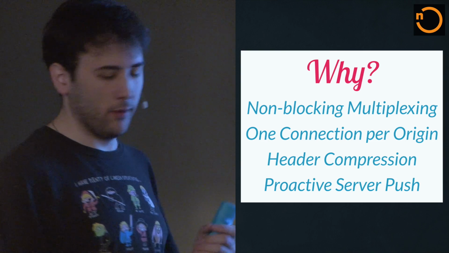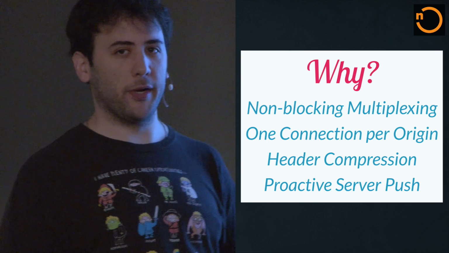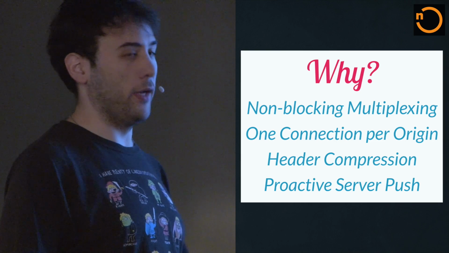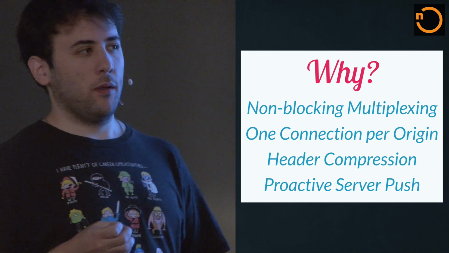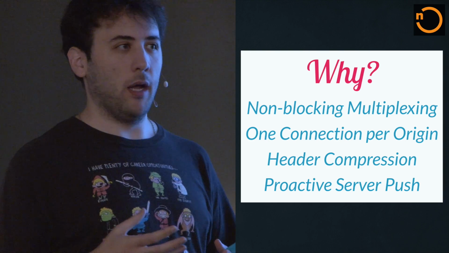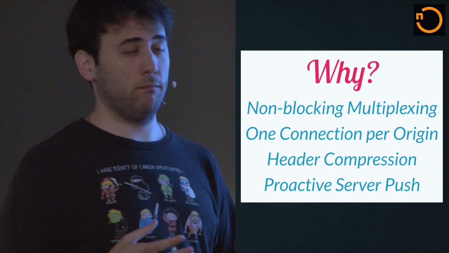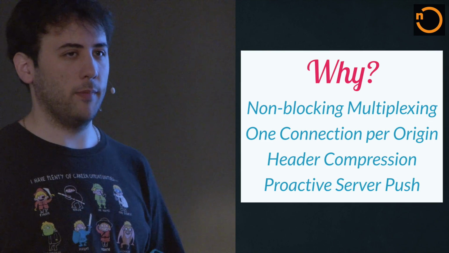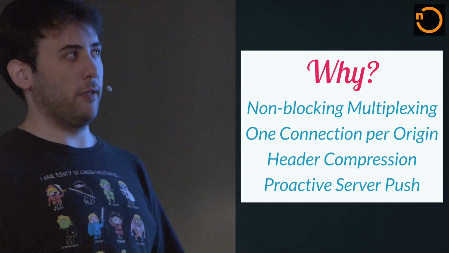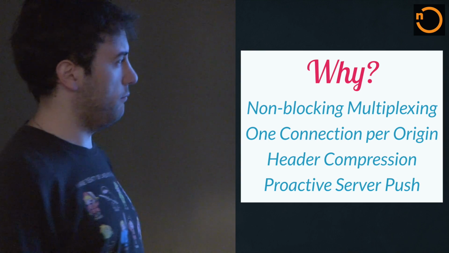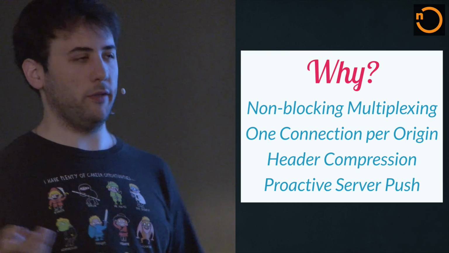Per origin, right? You get header compression, which is basically really, really important, because for many requests, the biggest or an important part of the request is the headers. And you must be thinking, well, but I have like content type and accept and cookies and whatnot.